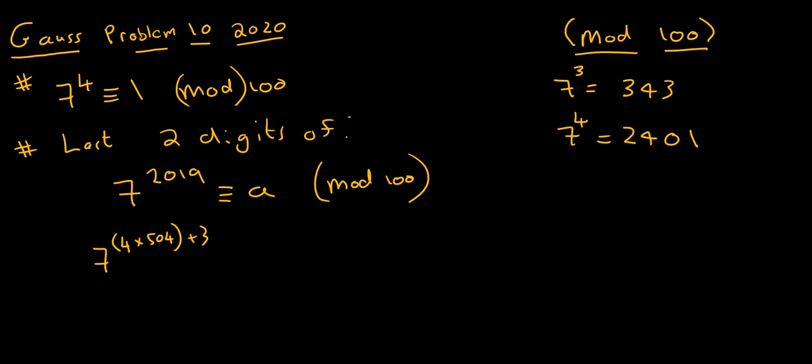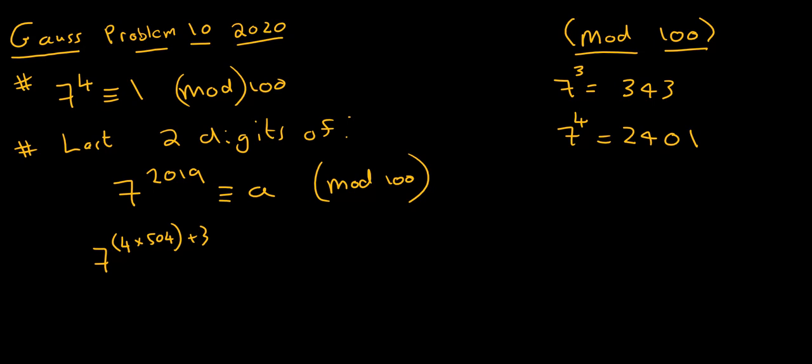We've got 2019 divided by 4 gives 504. 504 multiplied by 4 is 2016, 17, 18, 19.